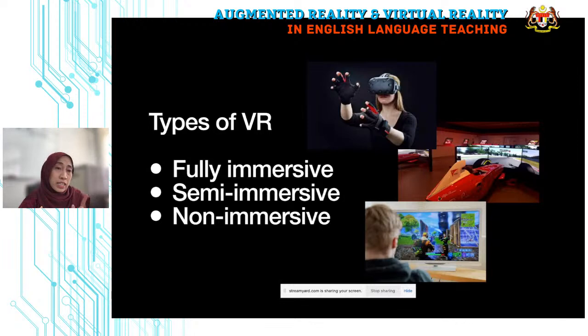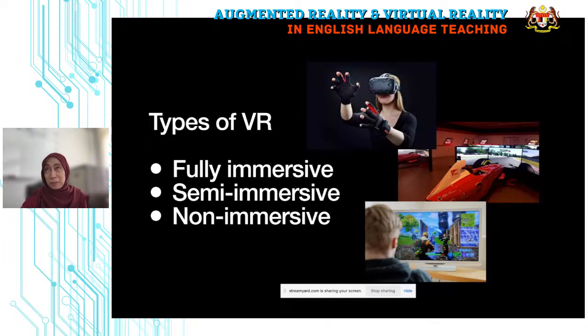And we do have another type of VR which is called semi-immersive. Semi-immersive is where you can see the second picture, the car. You are in the real world. It's a simulation type of experience.